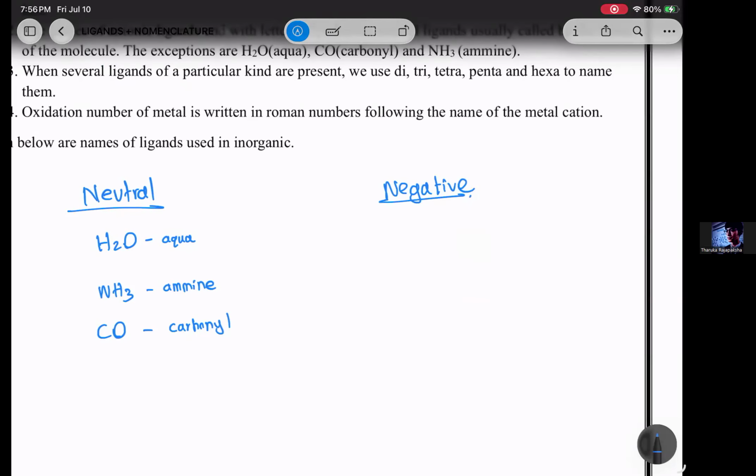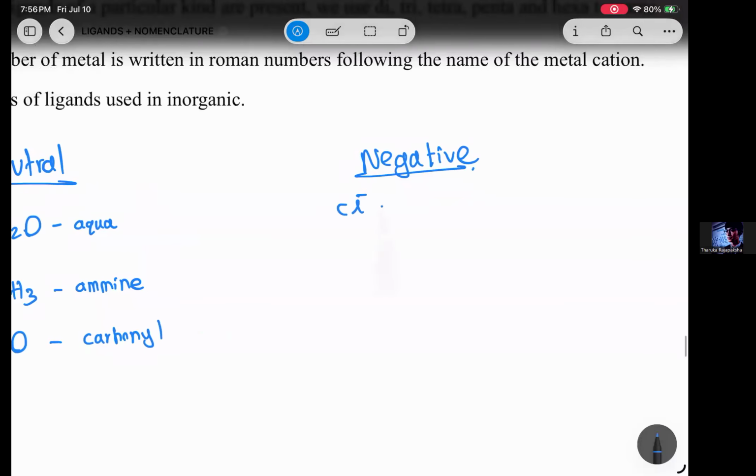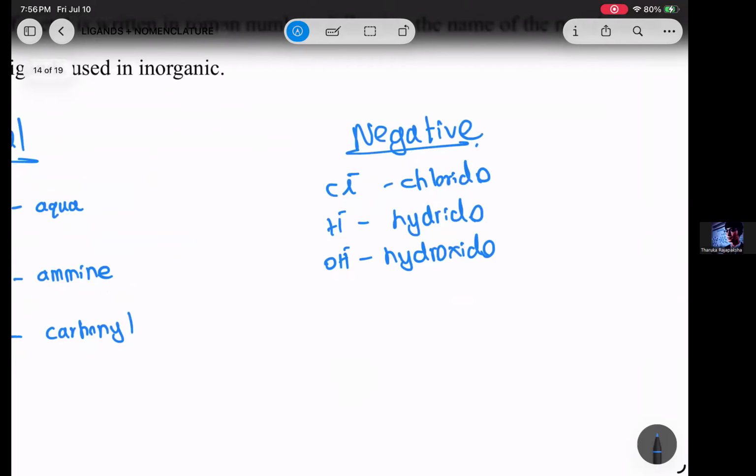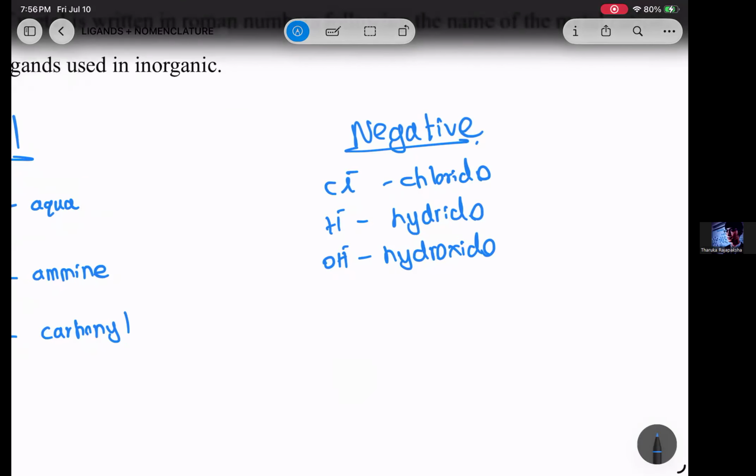Negative ligands: Cl minus, Br minus, I minus, those things are there. You can just write chlorido. H minus, hydrido. OH minus, hydroxido. Br minus, bromido, I minus, iodido. SO4 2 minus, sulfato.